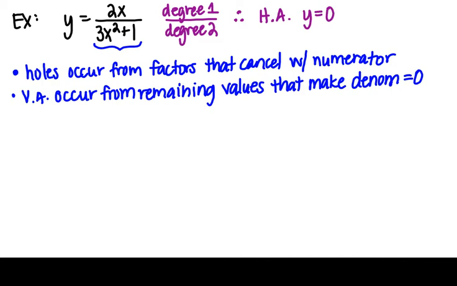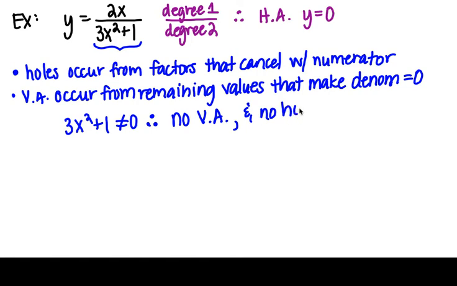I'll never be able to get 3x squared plus 1 equal to 0. And now I need to put the therefore. Therefore, no vertical asymptotes and no holes.